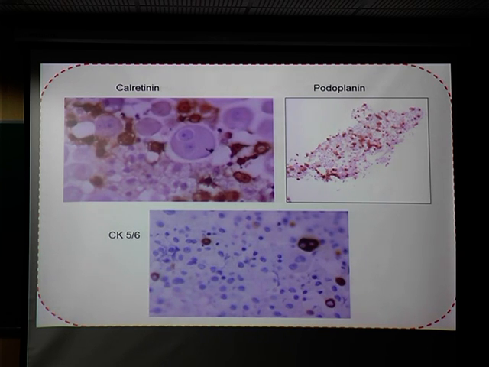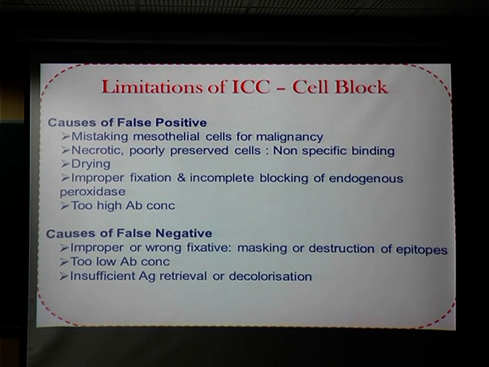And then gradually it was investigated, and it has been found to be a very specific marker for the mesothelial cells, but it is also positive with the reactive cells, benign cells, as well as the malignant mesothelial cells. So, in addition to these two markers, a more specific marker like podoplanin does tell you that we are dealing with a mesothelioma case.